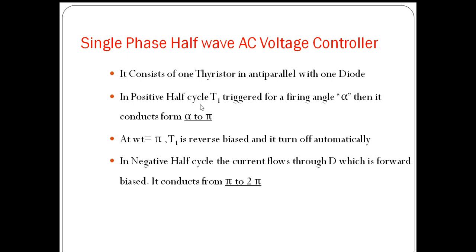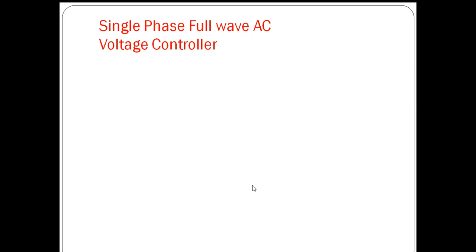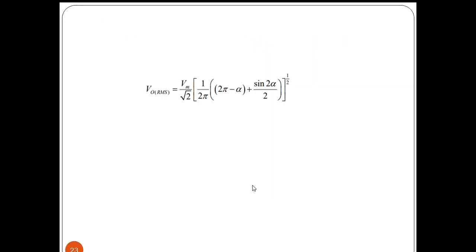In positive half cycle, T1 is triggered at a firing angle alpha, and then it conducts from alpha to pi. At time instant pi, thyristor T1 is reverse biased and it turns off automatically. In negative half cycle, the current flows through diode D, which is forward biased, and it conducts from pi to 2 pi.